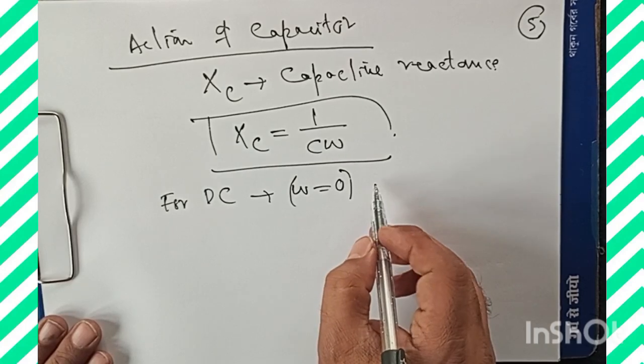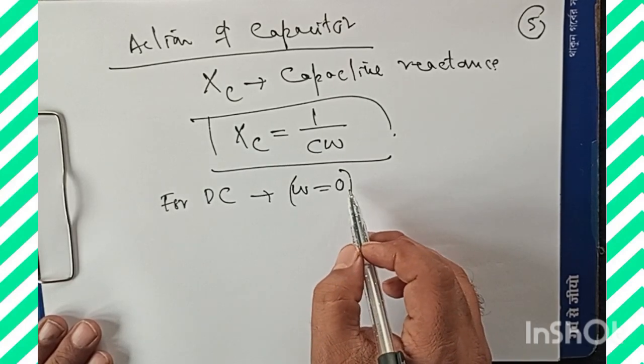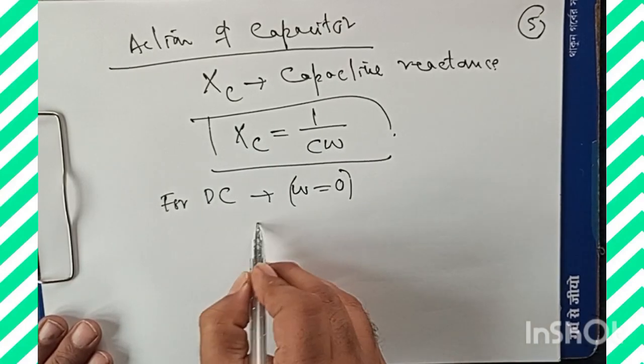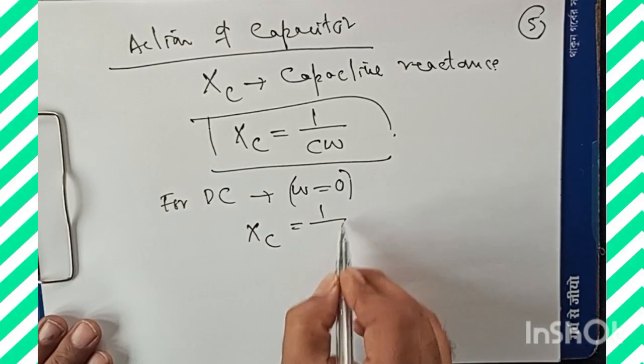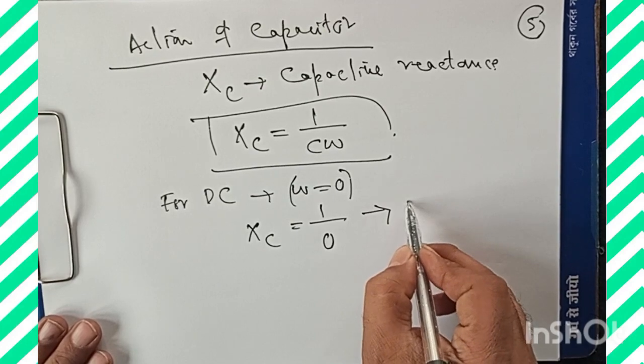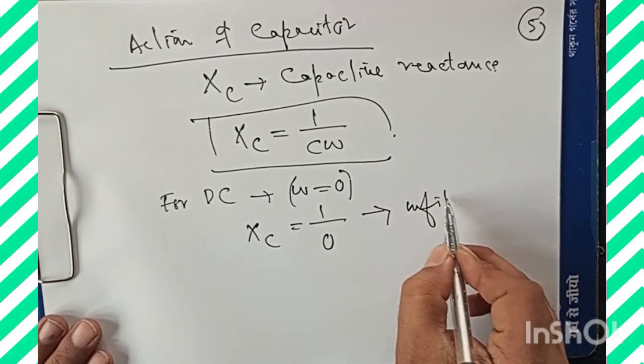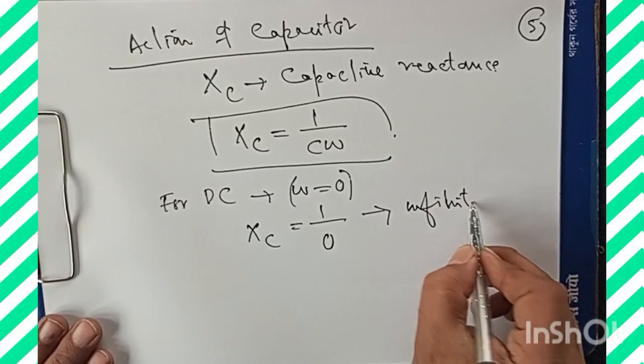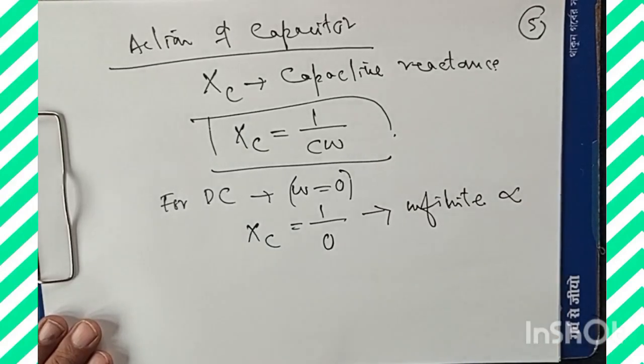So if omega is 0, what I am going to get here is XC is 1 by 0, and that can be set as infinite. So this capacitor will behave as an open circuit for the DC. It won't allow any DC to pass through it.